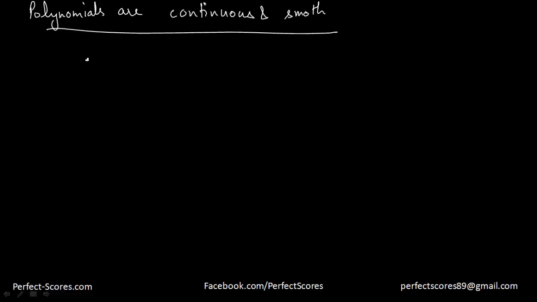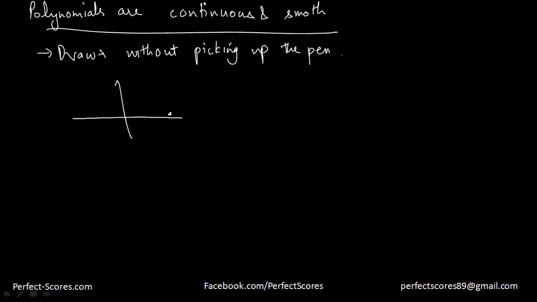So what does that mean? That means that you can draw the whole polynomial without picking up your pencil, without picking up your pen. So that means the polynomials are continuous. There's no break in the graph of polynomials. So they will actually keep on going on like that.